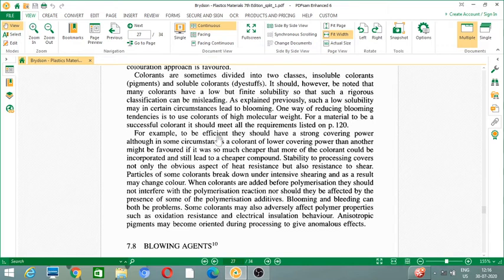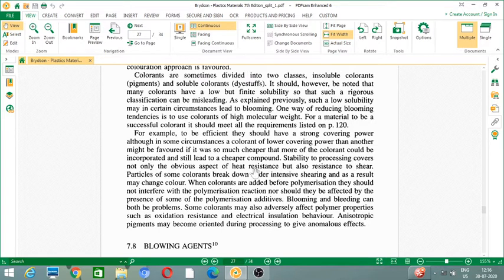For example, to be efficient, they should have a strong covering power. Although in some circumstances, a colorant of lower covering power than another might be favored if it was so much cheaper that more of the colorant could be incorporated and still lead to a cheaper compound. So depending on the economic factors, you can choose it.